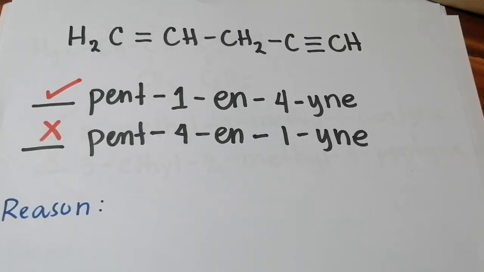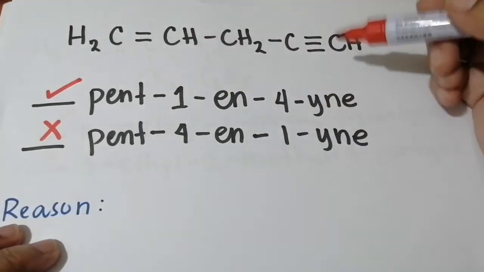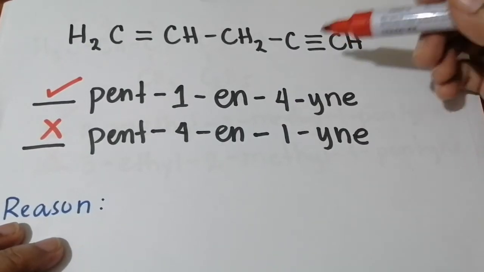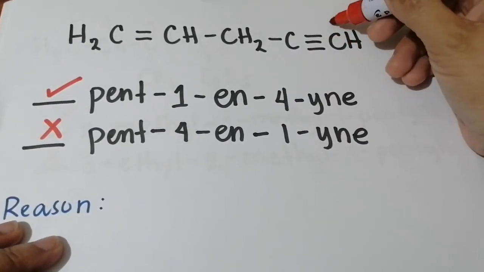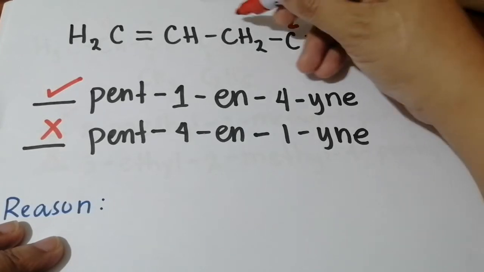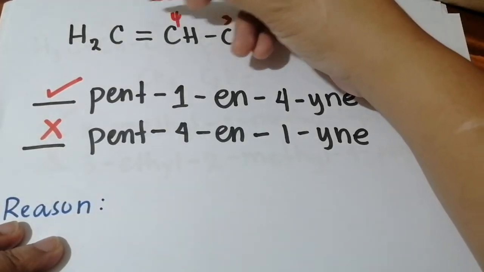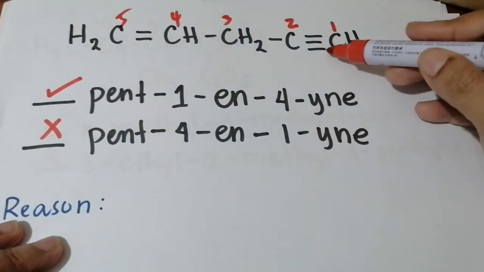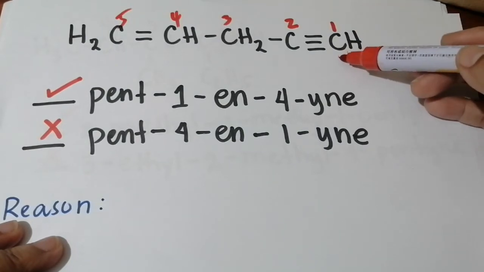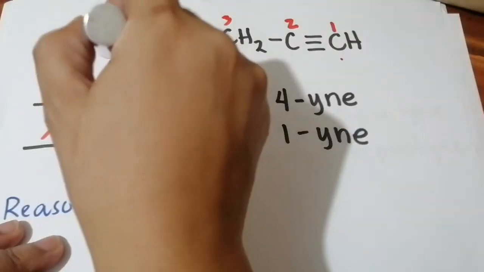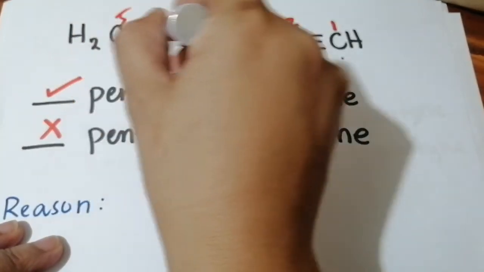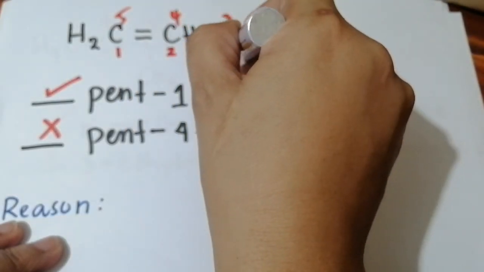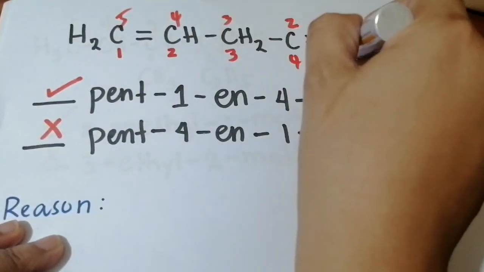But if we look at this one, they have the same positioning. If we count from here, we get 1, 2, 3, 4, 5, so the triple bond is located in the first carbon here. If we count from the other side, we also get 1, 2, 3, 4, 5.